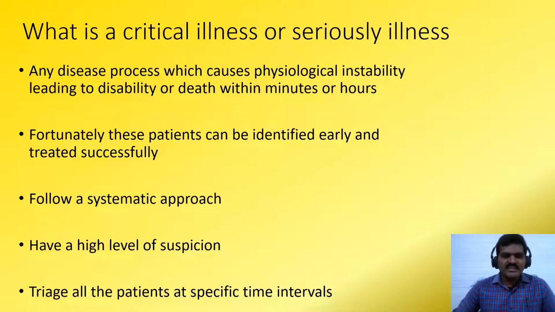Also, when the patient is presenting to the emergency department during off hours, when OPDs and senior doctors are not available, you should have a high level of suspicion that every patient coming to you should be treated as a critically ill patient who is in imminent danger for his life. Then only you will be able to identify a critically ill patient.